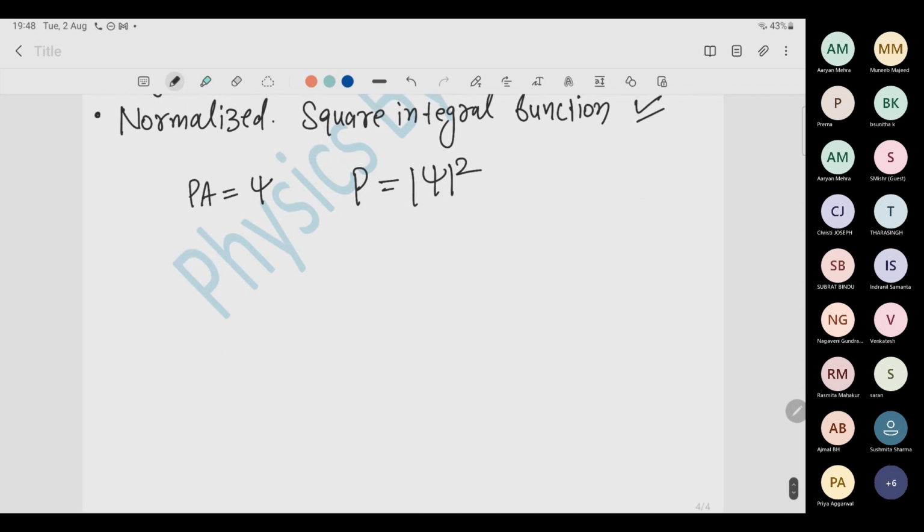Okay, and when the probability function is a continuous function, meaning not a discrete function, then we exchange our summation for an integral. So the simple thing is that the integral of phi square dx from -infinity to infinity must equal 1.